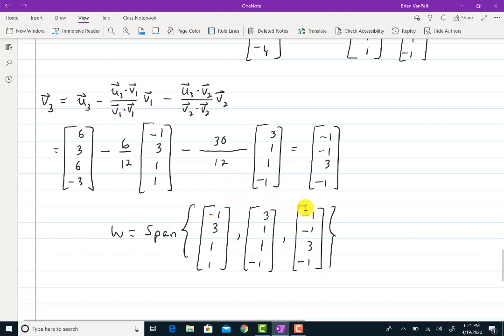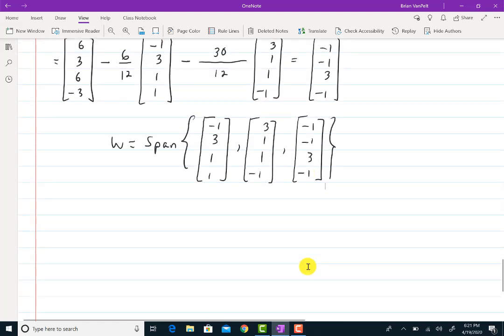Negative 1 times negative 1 is 1, plus 3 times negative 1, so 1 minus 3 is negative 2, plus 1 times 3, so negative 2 plus 3 is 1, and then 1 minus 1 is 0. So it's orthogonal. And then you may be able to guess this last example.